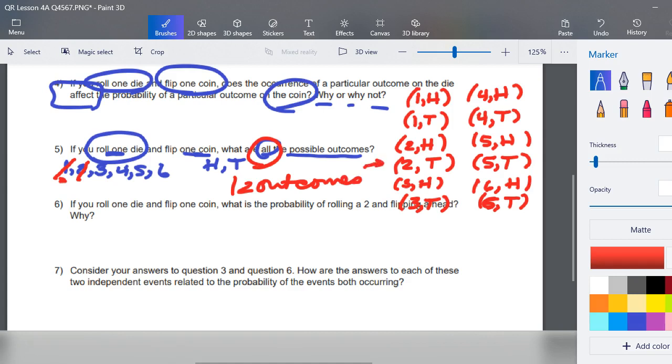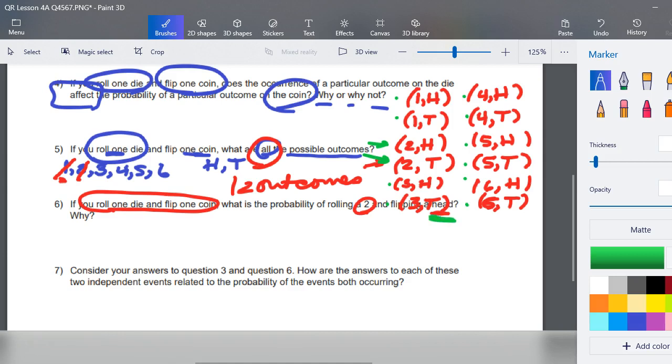It says another question, if you roll one die and flip one coin, okay, got it. What's the probability of rolling a 2 and flipping and seeing heads? I'm going to change colors because I'm going to go looking. I need a 2: not a 2, not a 2. This one has a 2, that one has a 2, not a 2, not a 2. Nobody else is rolling a 2 on the die.